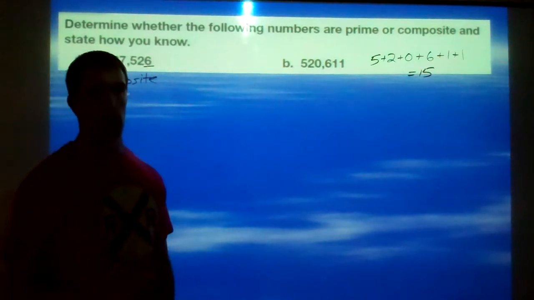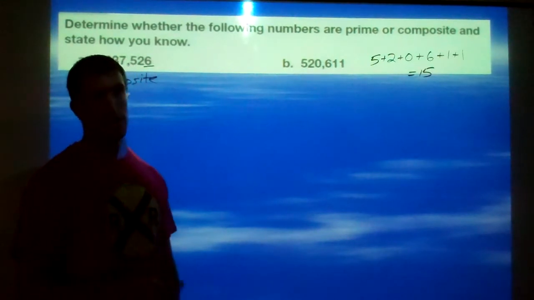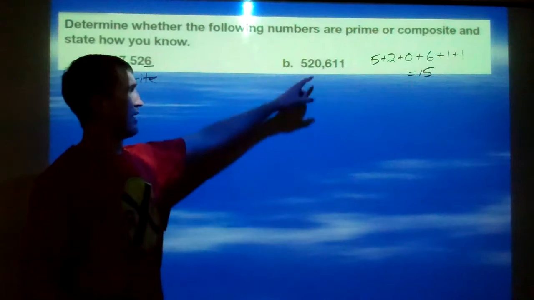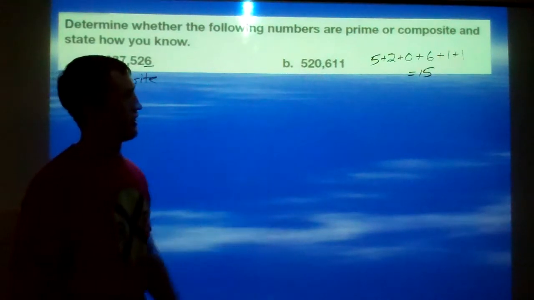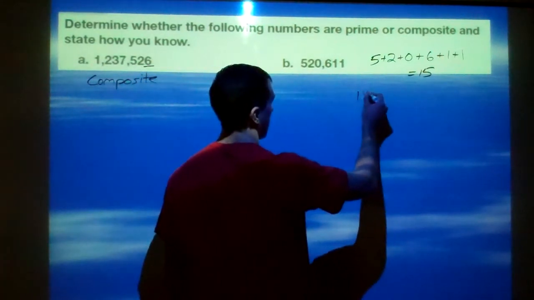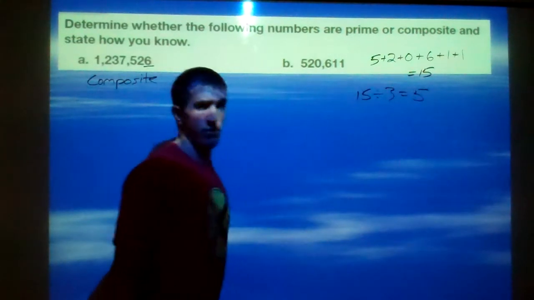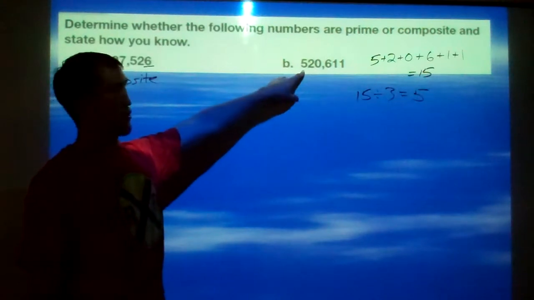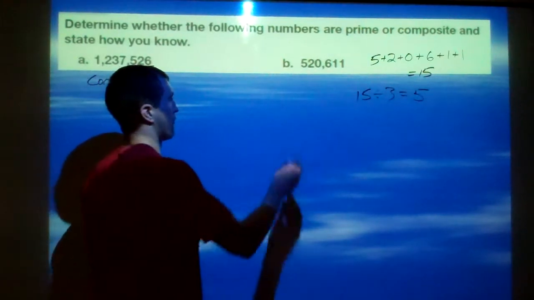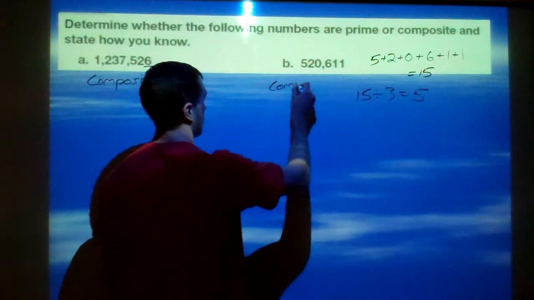So this could either work for 3 or 9. 15 is not divisible by 9, so 9 doesn't go in here. But 15 can be divided by 3 evenly. So we know that 3 will go into this number as well. Therefore, this is composite too.